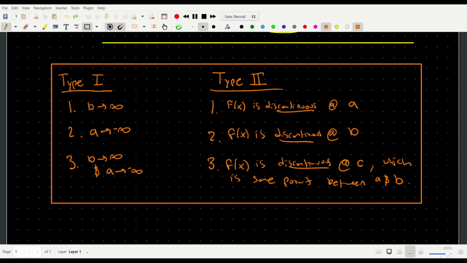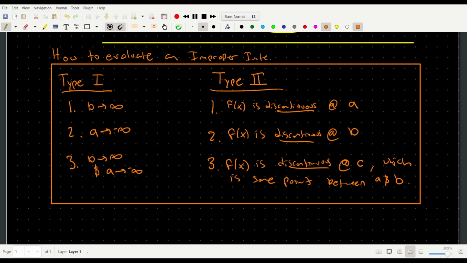Essentially, what this does for us is it tells us how to properly evaluate an improper integral. So that information can be found in those lectures.